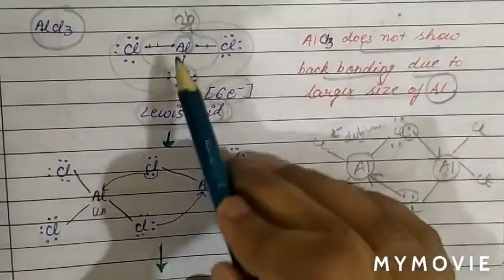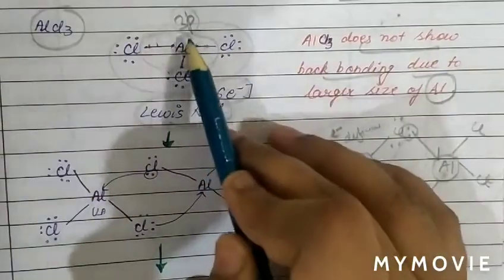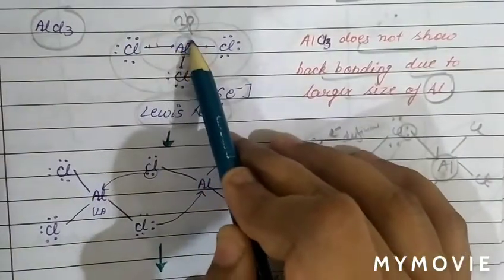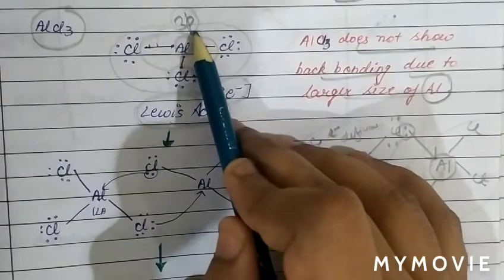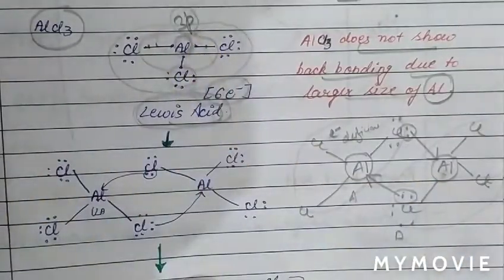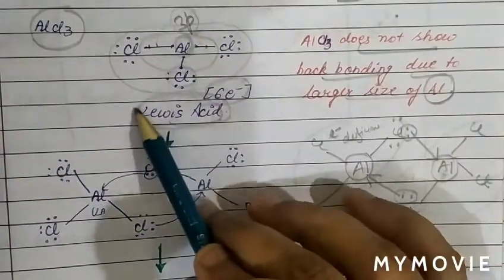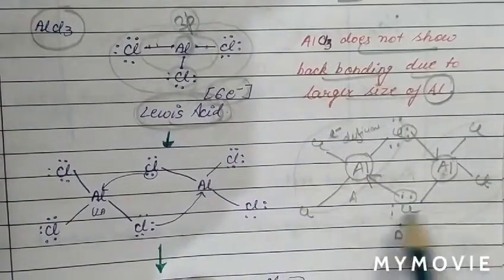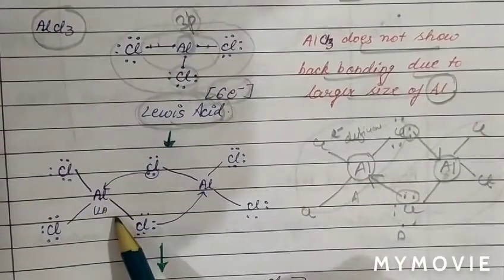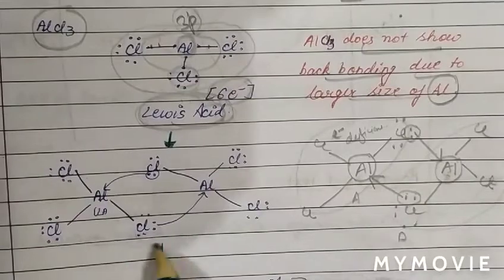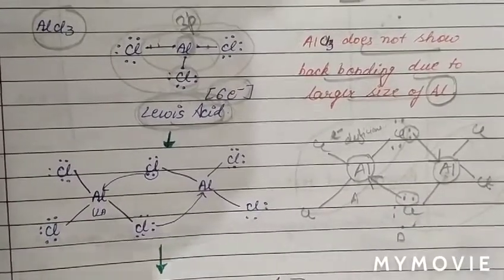So in case of AlCl3, due to the large size of aluminium, because aluminium belongs to 3p orbital, back bonding is not possible. But the electron deficiency is removed by forming a dimer. So AlCl3 molecules dimerize and remove their electron deficiency.